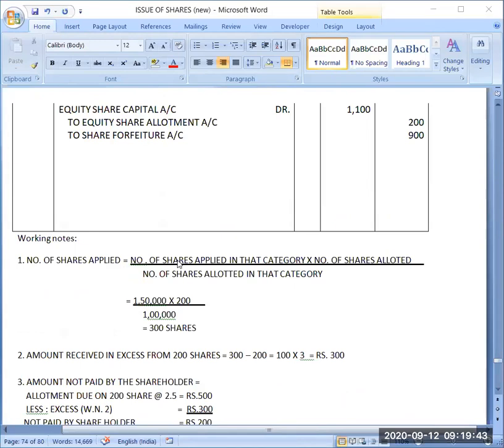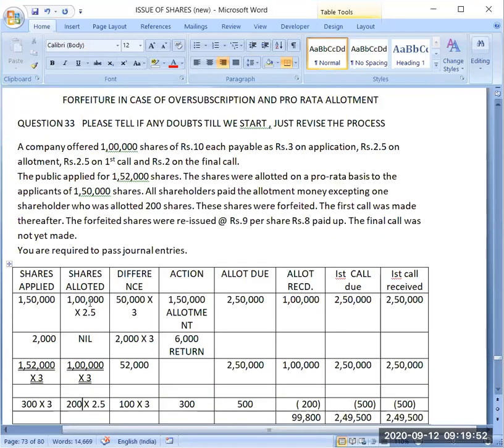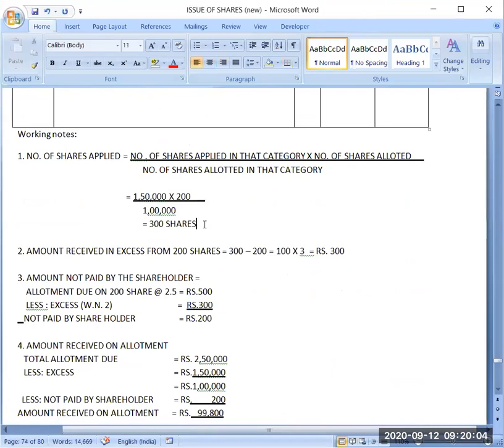So I will keep the number of shares applied in the numerator and the number of shares allotted in the denominator, but only for this category, not the total amount. So I will keep this number in the numerator and this number, 1 lakh, in the denominator, and it will be multiplied by 200, so that I will be getting 300 shares.